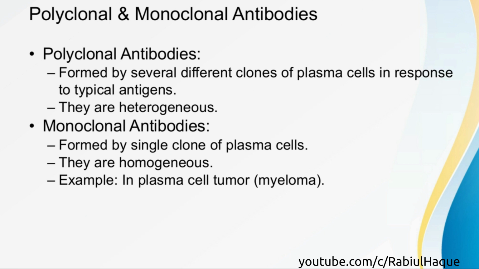Since they are made by different clones of plasma cells, they are heterogeneous. And what do we mean by monoclonal antibodies? They are formed by a single clone of plasma cell, and that's why they are homogeneous. Examples include antibodies that are produced in certain plasma cell tumors, for example in myeloma.